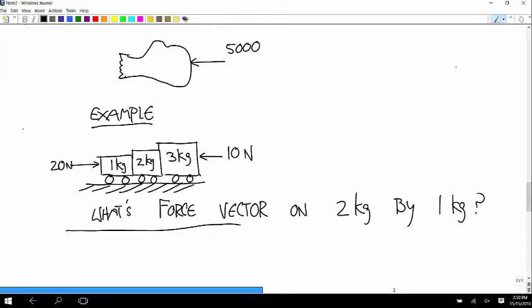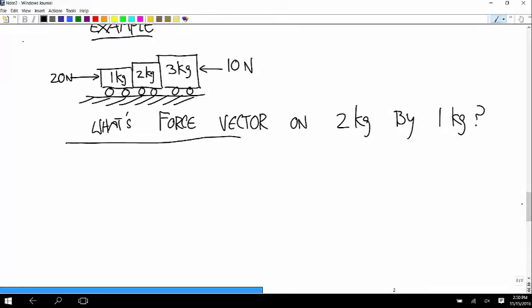The first step, no matter how you do this, who remembers what the first step is in a problem like this? What do you want to isolate first? That's right, do a single. So we're going to do a free body diagram. The thing we're going to isolate is the whole system, all three of them. And the reason for that is we can use that to calculate the acceleration. And you'd see if you isolated any of those individual ones, we couldn't calculate the acceleration without doing another step.